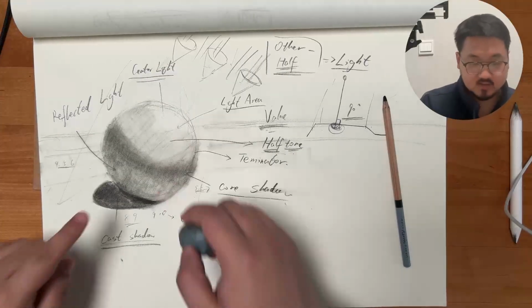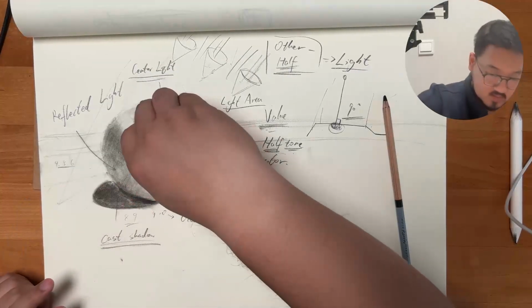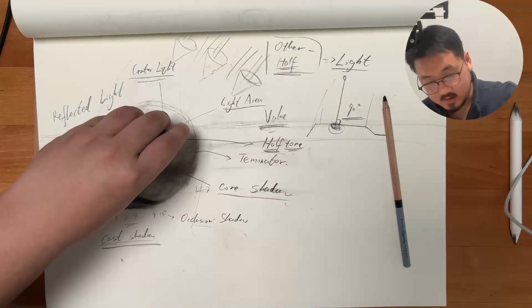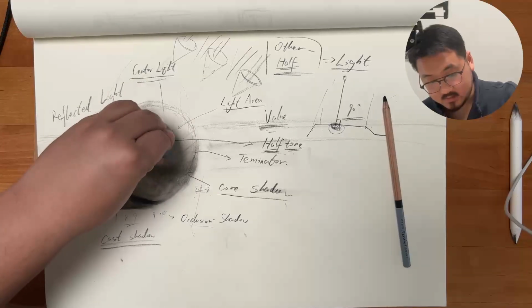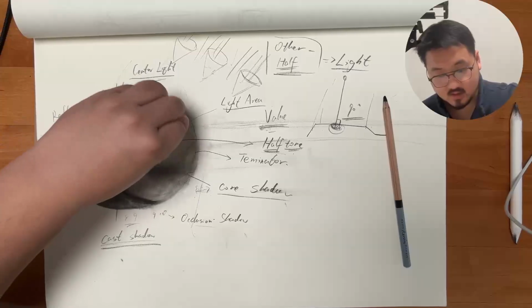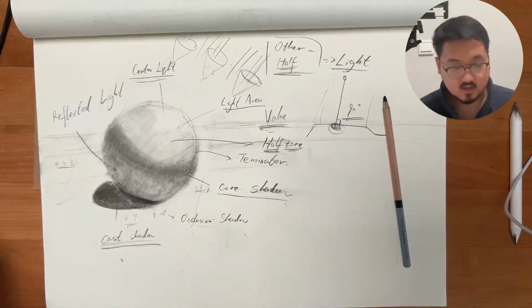For example, if I'm seated here, the highlight will approximately be here, so I'm going to add a little bit of highlights here. So that will be the highlight, but that will be the light area as well as center light.